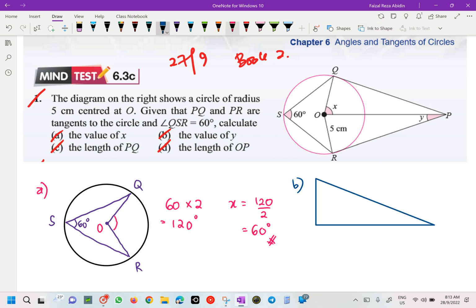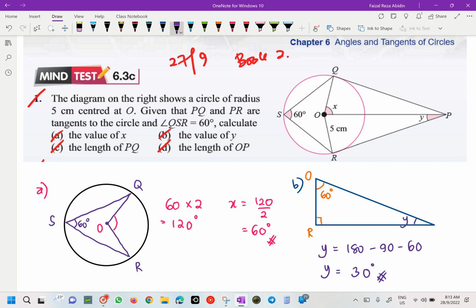Okay, which is given to us that our R there is going to be 90 degree, because it is point of tangency, and we have already that our angle at center there is 60 degree. So can I find our y here? Yes, 180 minus 90 minus 60. So you are going to get 30 degree.